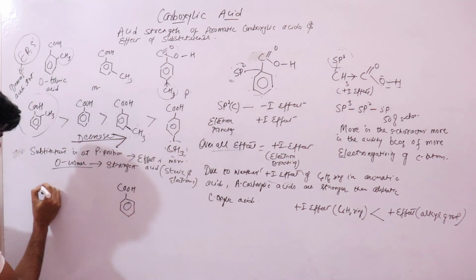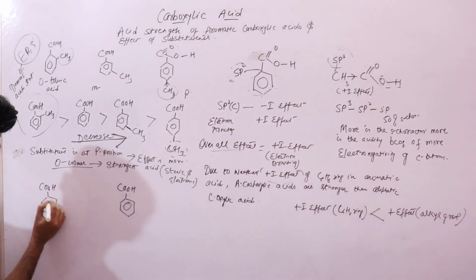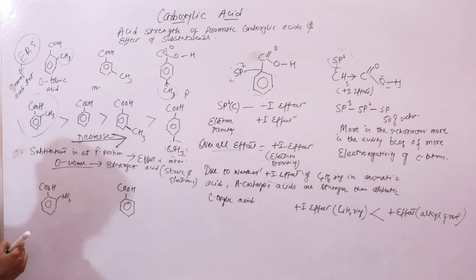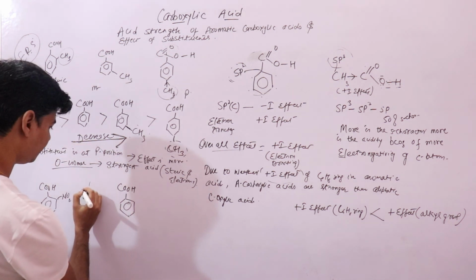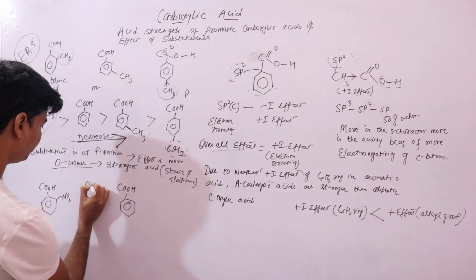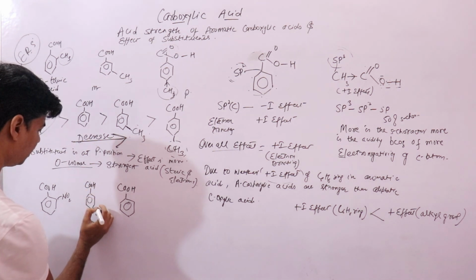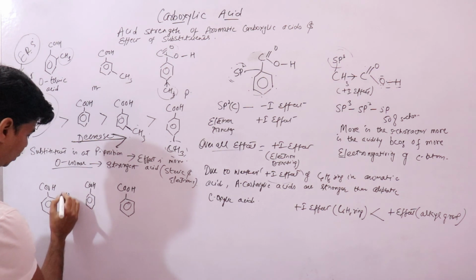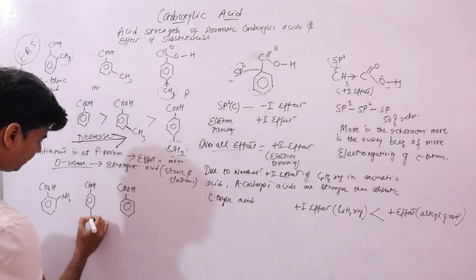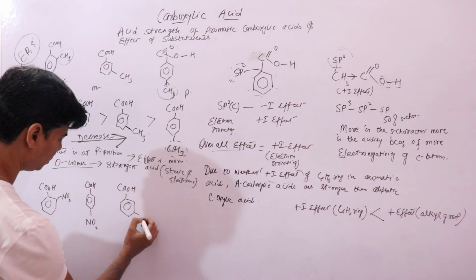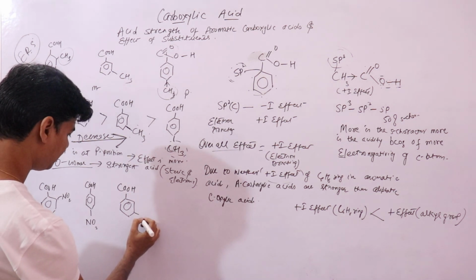You have an ortho isomer, when nitro, NO2, is present at this position. This is ortho, this is your para, and this is your meta.